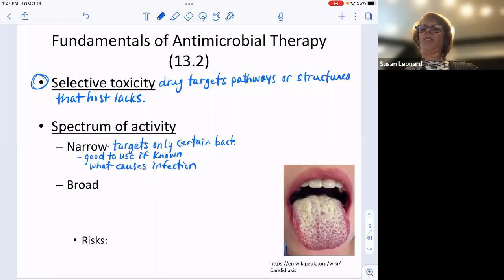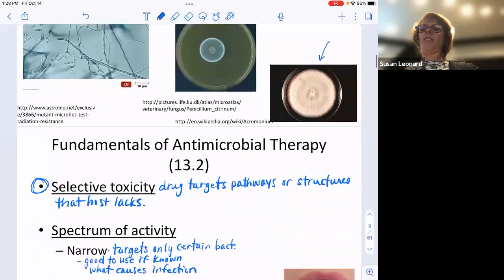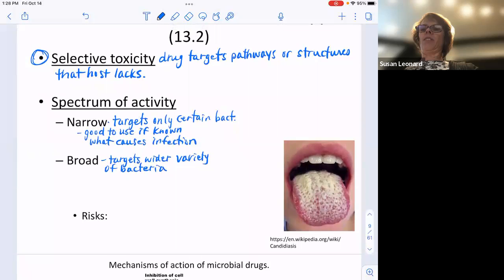Other drugs are going to be more broad spectrum, and that just means they target a wider variety of bacteria, for instance, maybe gram positives and gram negatives rather than just gram negatives. Oftentimes we might use a broad spectrum antibiotic if we're trying to use a drug preventatively. Another way to say that is to use it prophylactically. So, prophylactic use.